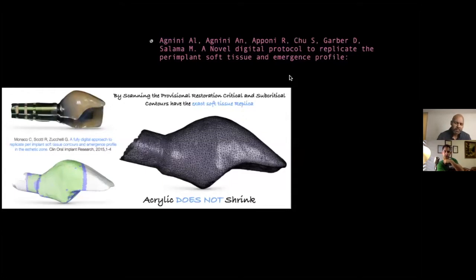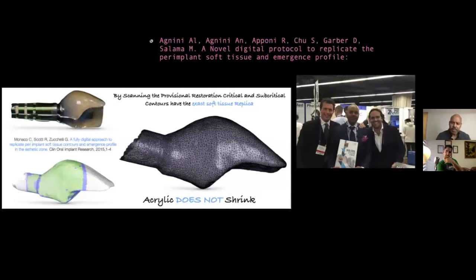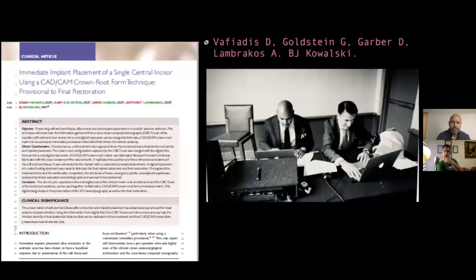I'm still very close to my colleagues, the Agnini brothers, as well as Dean Vafiatis, who put out a paper about scanning and making a provisional ahead of time, following the root, crown, and form technique.